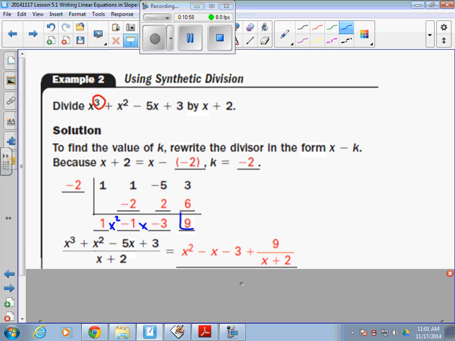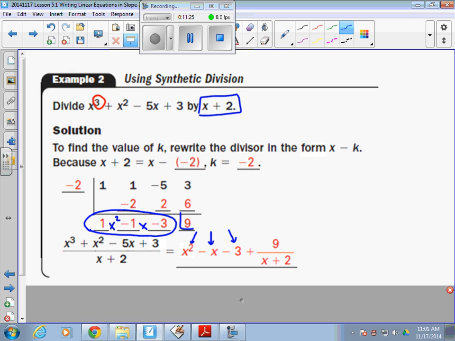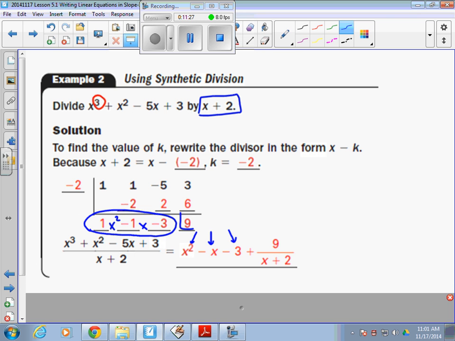So x to the third plus x squared minus 5x plus 3 divided by x plus 2, that's what we did, is this 1x squared, that's this, minus 1x, this, minus 3, and the remainder is 9 back over the original denominator, x plus 2. Okay, it's going to make more sense when we do a couple more examples, I promise. I know it looks like something you've never seen before because it probably is.